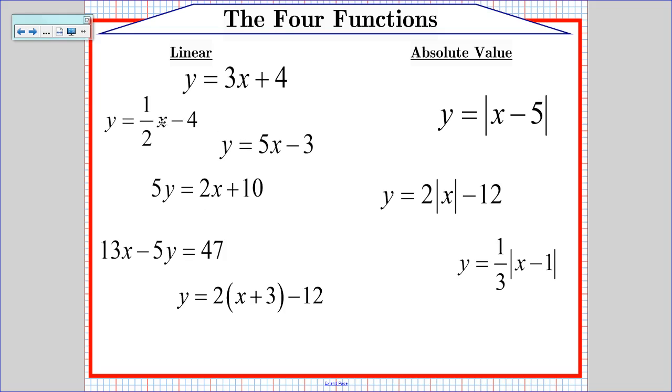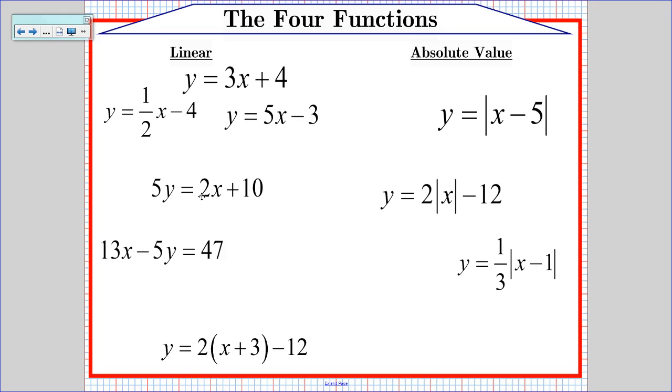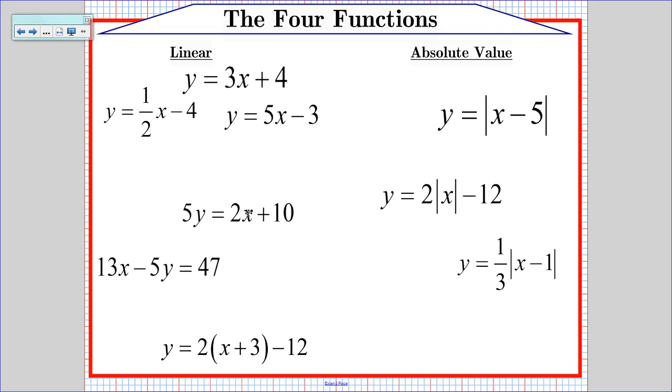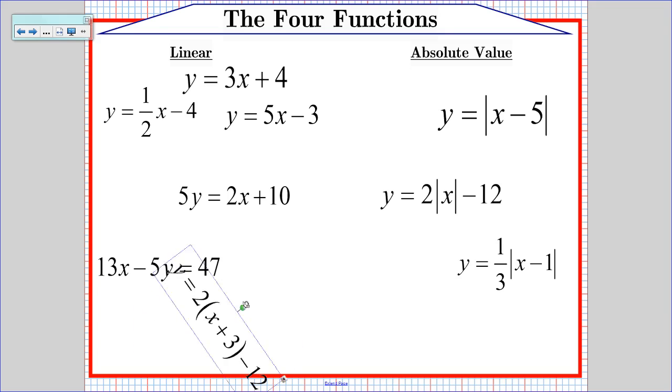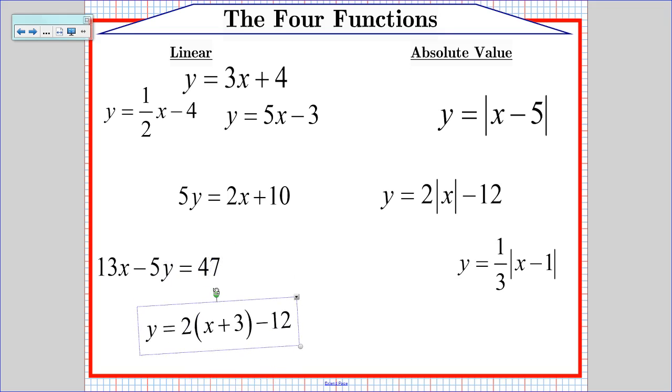There are a couple of forms that would be familiar to you. You might have seen the y equals mx plus b form. You might have seen the standard form, or something that's close to y equals mx plus b, or something that looks like point slope form, or maybe a modified point slope form.